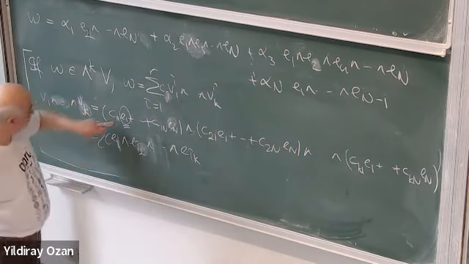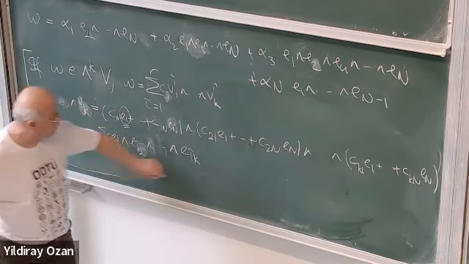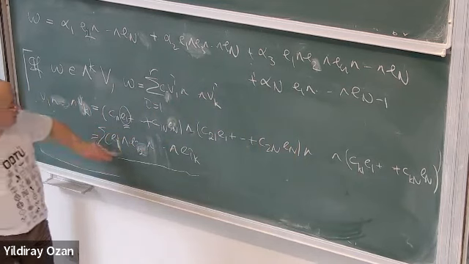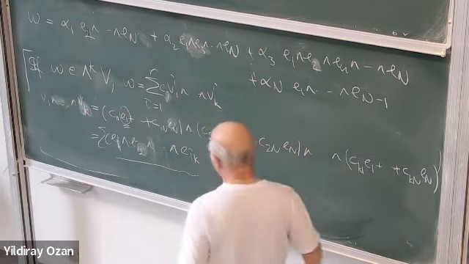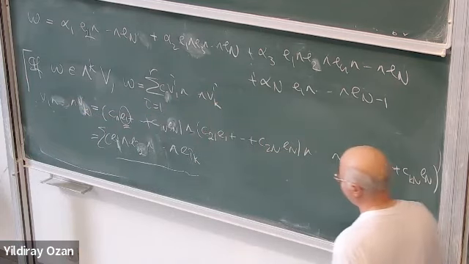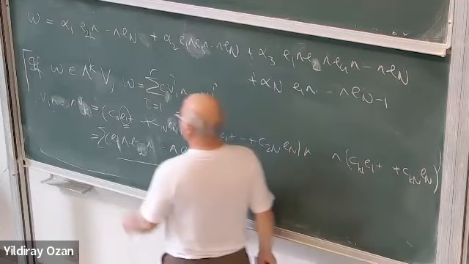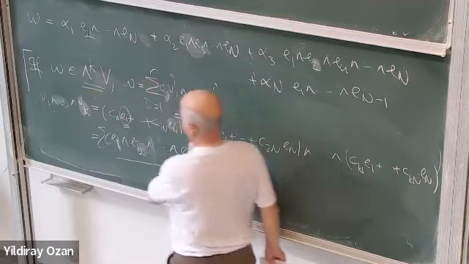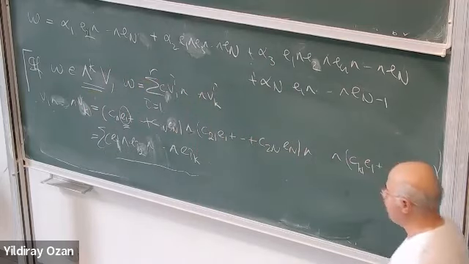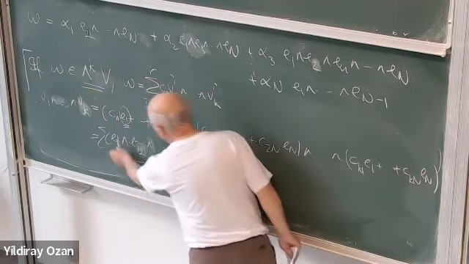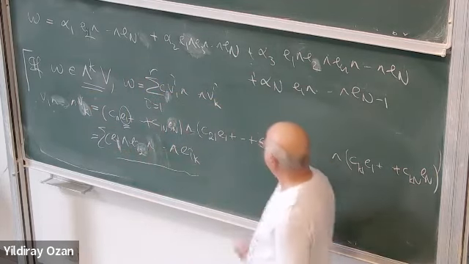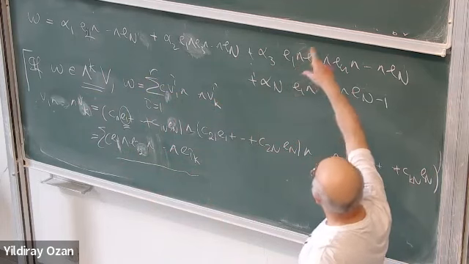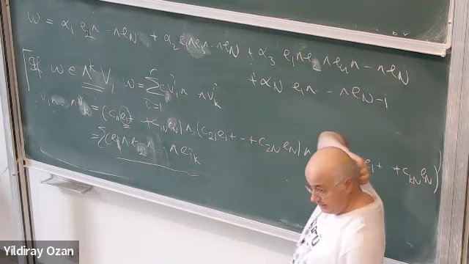But you see, each time you will have exactly k terms, because we have k many terms, and these are the basis elements. So any element of this kth exterior power is a linear combination of k vectors, where each vector is chosen from this basis.